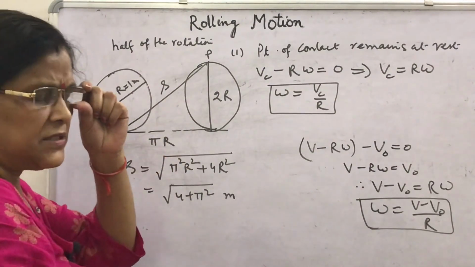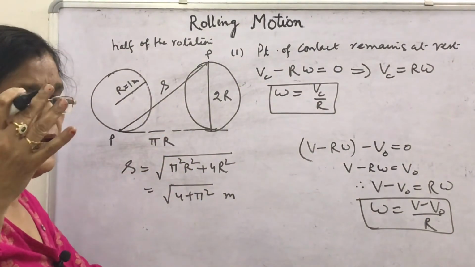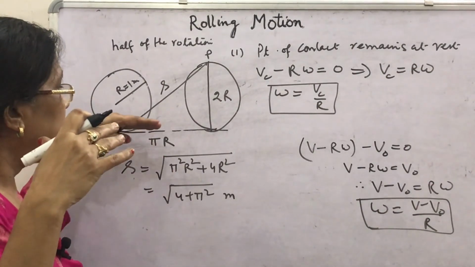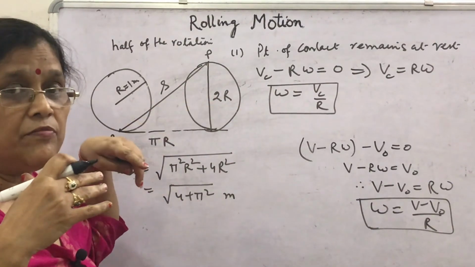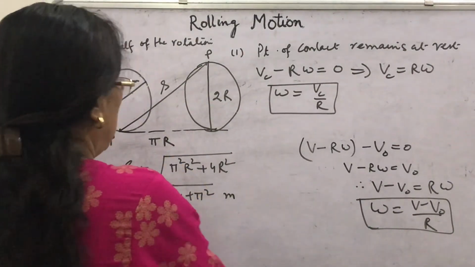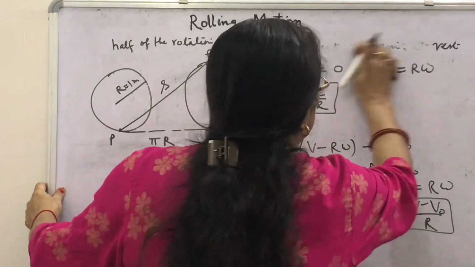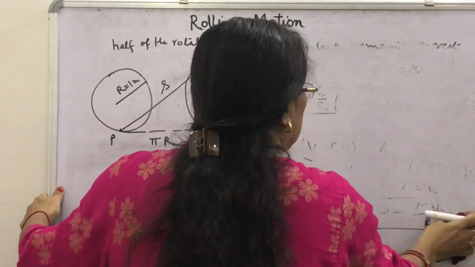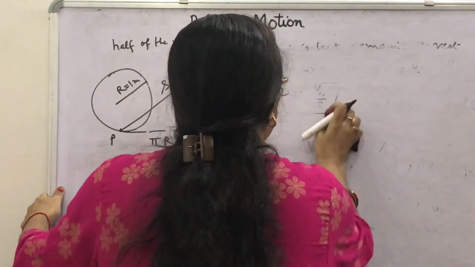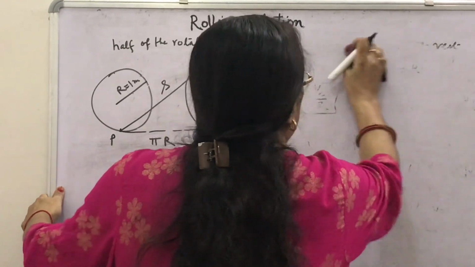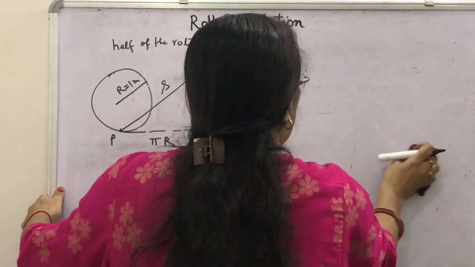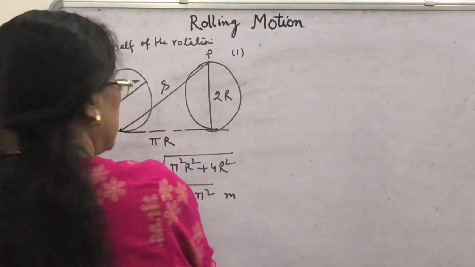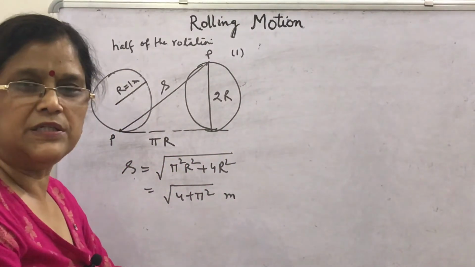Another question is asked: find the speed of the point which is situated at the same level as the center of mass. Look, in these questions, if you have learned the logic of what is the case given for pure rolling, at which point we have to find the velocity, and the calculation of velocity is only the vector sum of linear and rotational velocities.